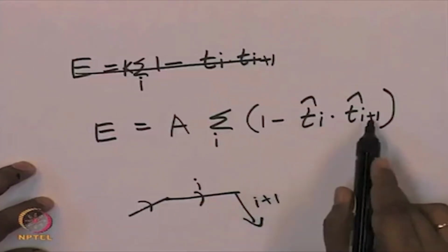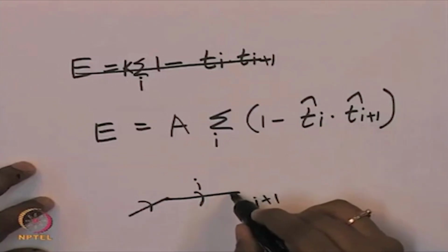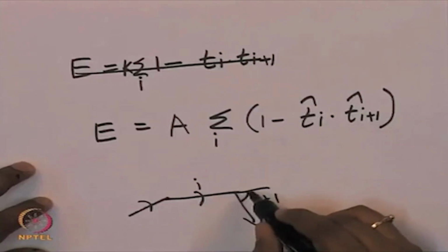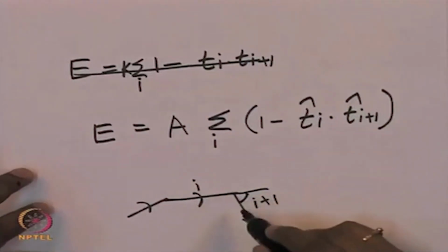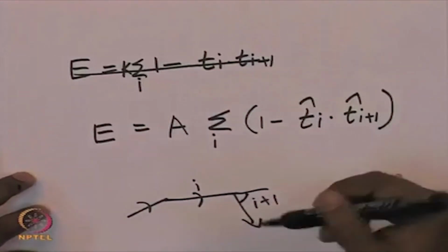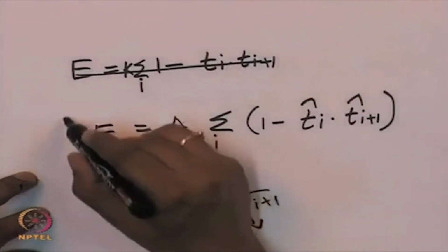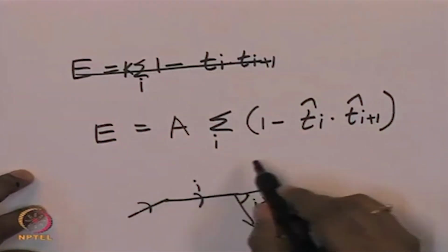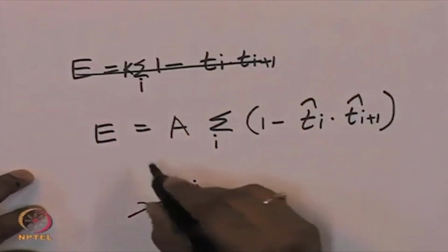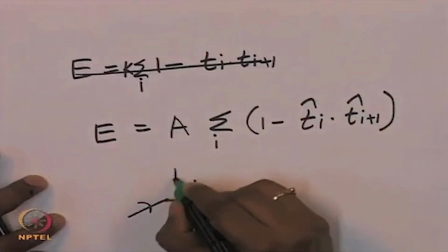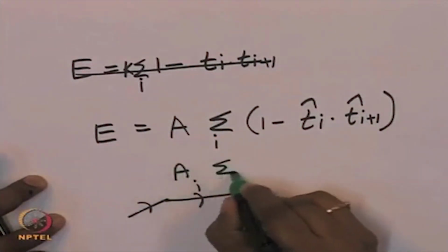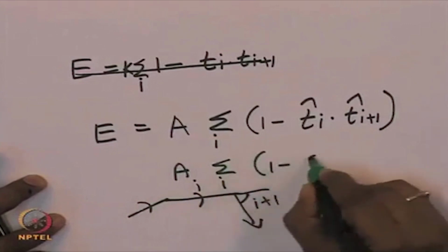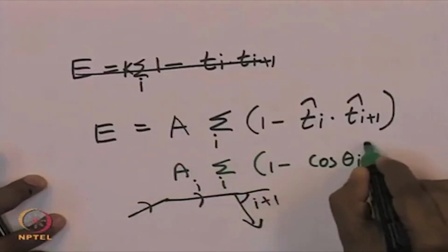So, T_I dot T_(I+1) is basically cos theta, the cosine of the angle between these two. So, it depends on the angle. If the angle is large, the bending energy is more. So, you can write this as A times sum over I of 1 minus cos theta_I.